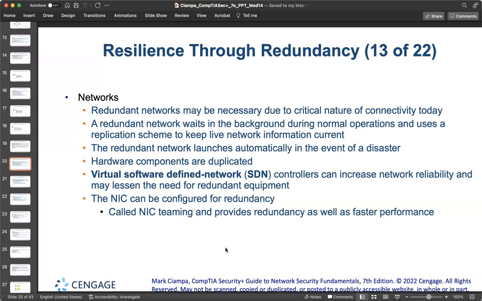A redundant network waits in the background silently and lets the normal operation go, and uses a replication scheme to keep live network information current, like any changes in the network are going to be replicated to this redundant network. And then in case of a disaster, it automatically launches so that the users never really lose all the access to the network.